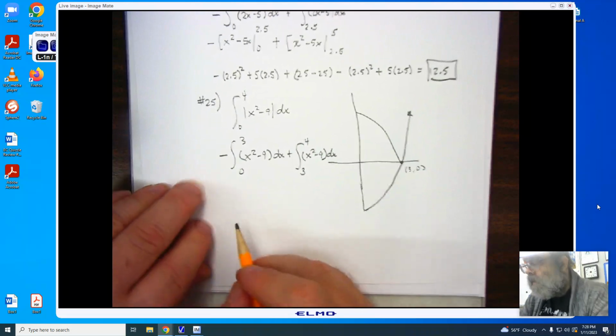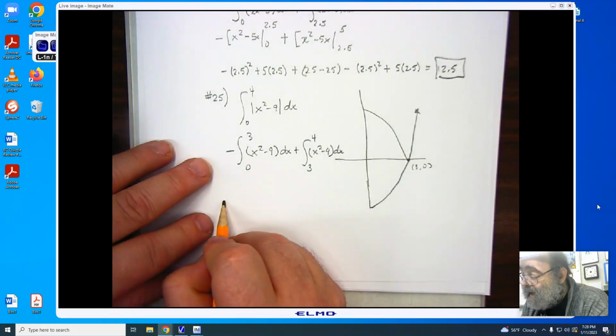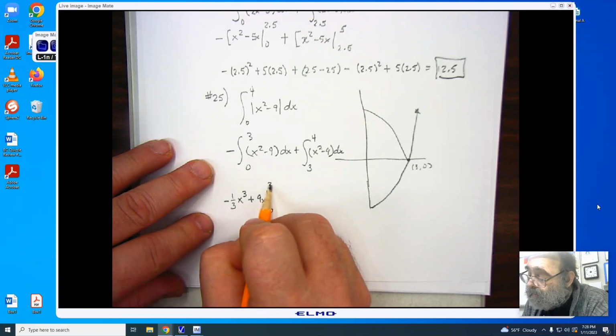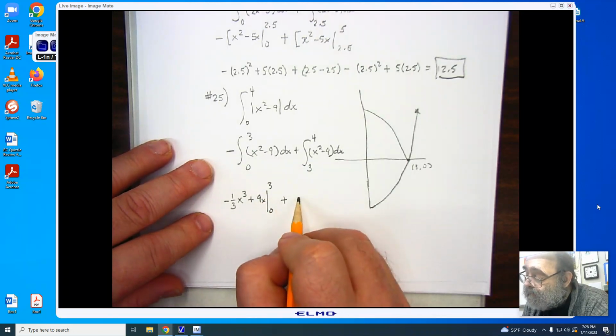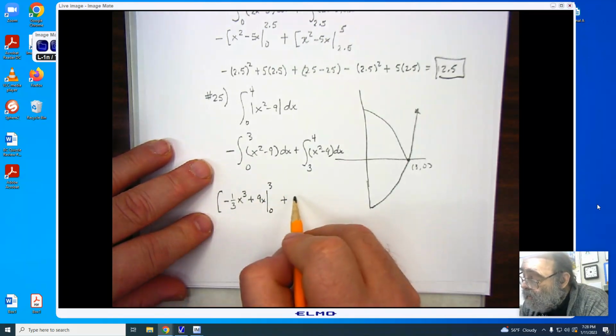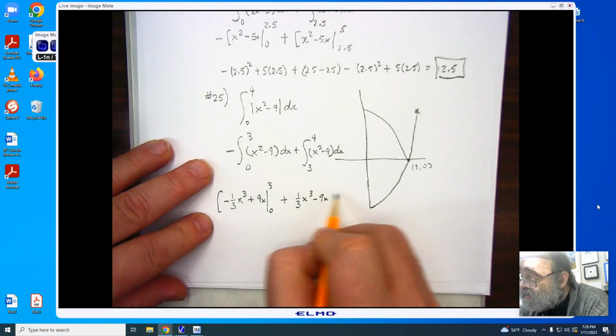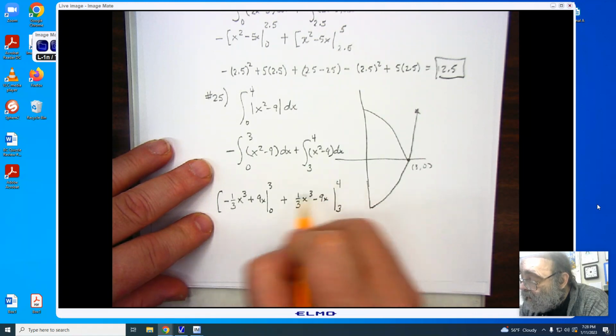And this is what we're going to work with. So we have negative 1/3 x cubed minus, double negative, plus 9x from 0 to 3 plus 1/3 x cubed minus 9x from 3 to 4.